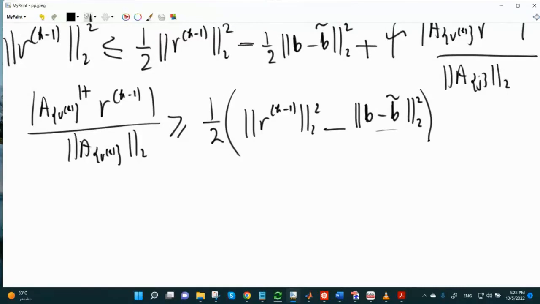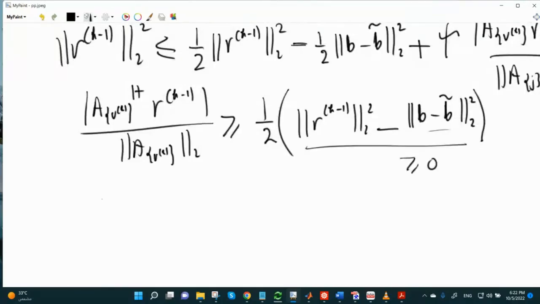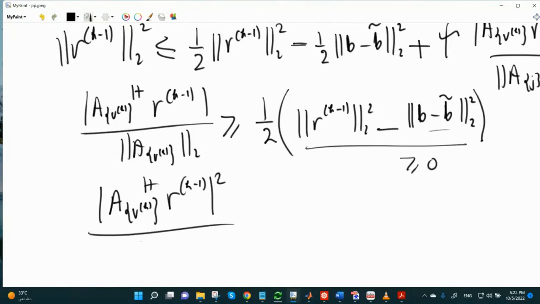Definitely, if you use all columns in A, you'll get something that is smaller than this one. So this is guaranteed to be non-negative, and so we can peacefully square basically both sides of this inequality.